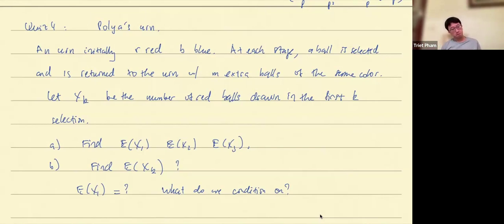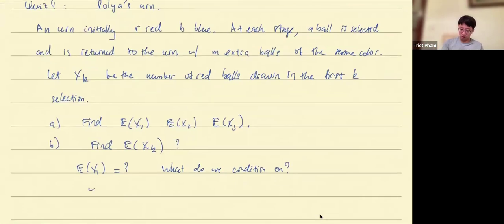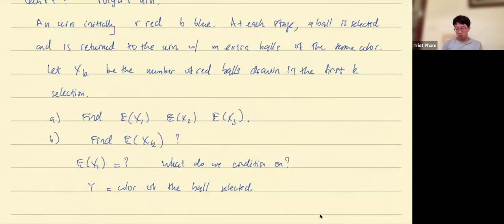For this problem, it should be clear that we condition on the color of the first ball selected. So what happens if you select a blue?